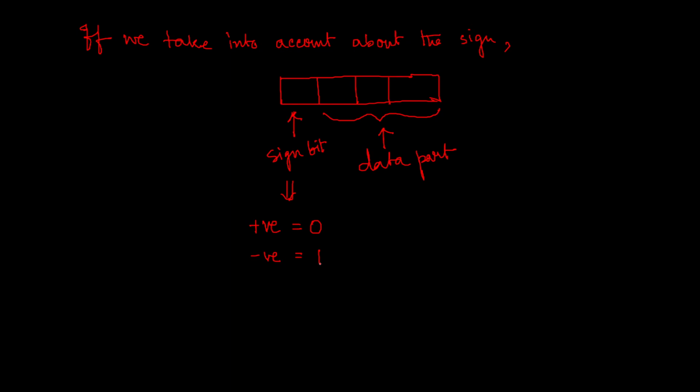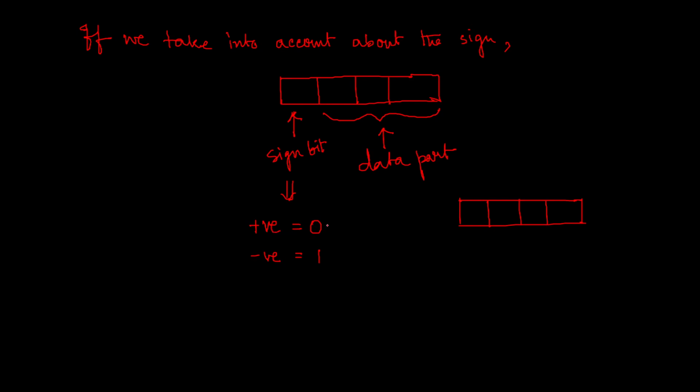So now naturally the question will come: what will be the minimum and maximum value that I can store, right? What is the maximum value I can store over here right now? If we consider the maximum value in this situation, I have 4 bits only. This is representing the sign bit, so the maximum positive value, sorry, not maximum value, actually maximum positive value.